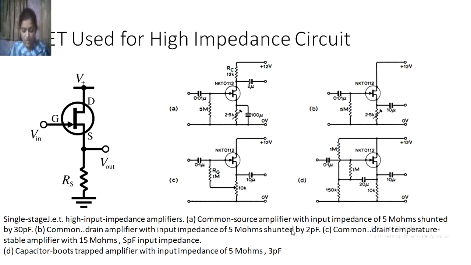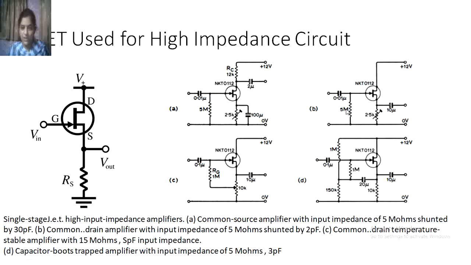So the input resistance controlling gate bias resistor can be increased up to 10 or even 15 megaohm. The leakage currents then make the circuit sensitive to temperature.